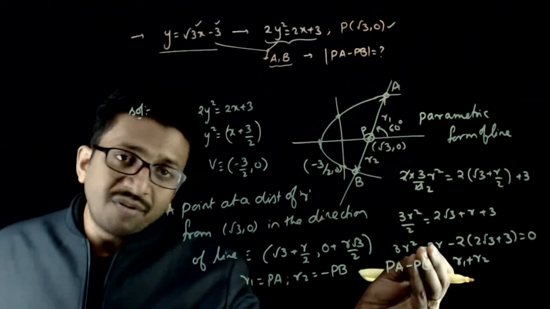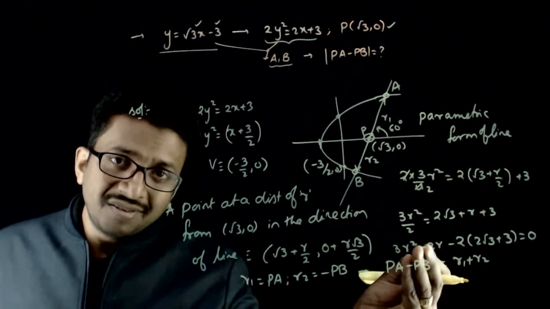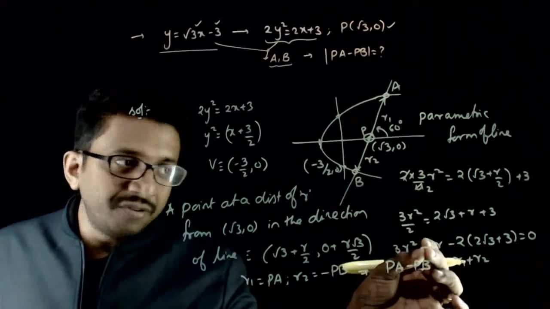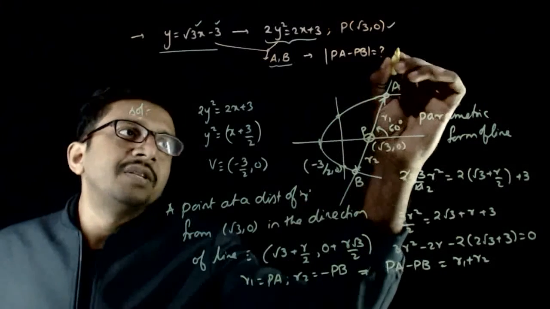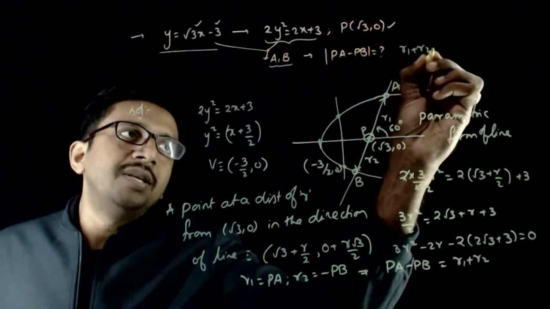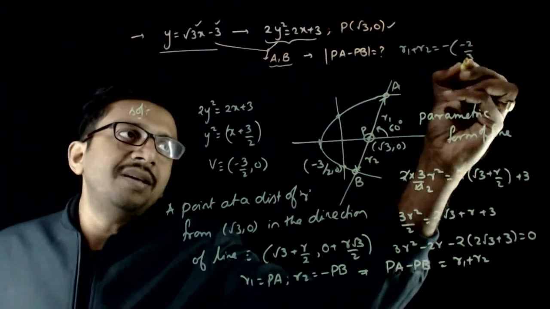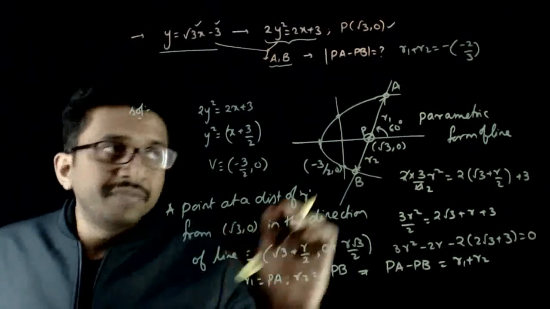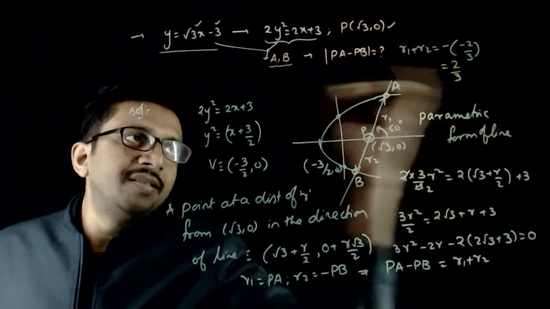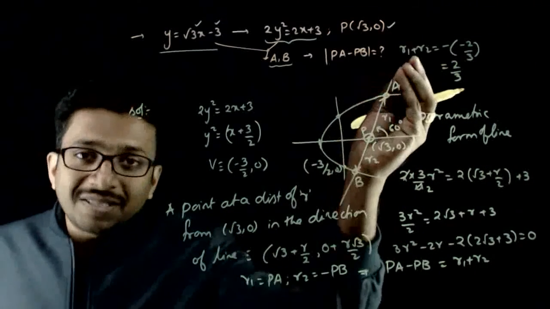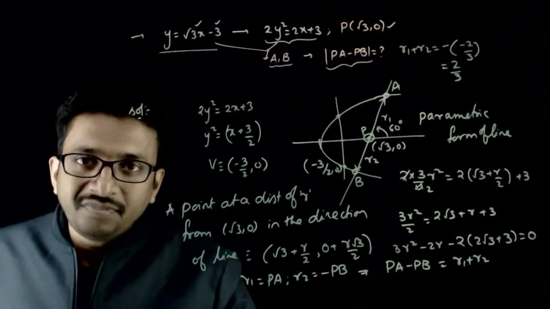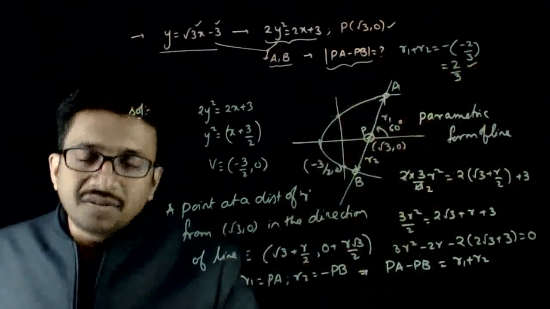What is the sum of the roots of this equation? It is minus B by A, that is minus of minus 2 by 3. So r1 plus r2 is equal to 2 by 3, the formula being minus B by A. So r1 plus r2 itself is PA minus PB, and this is the answer to this question.